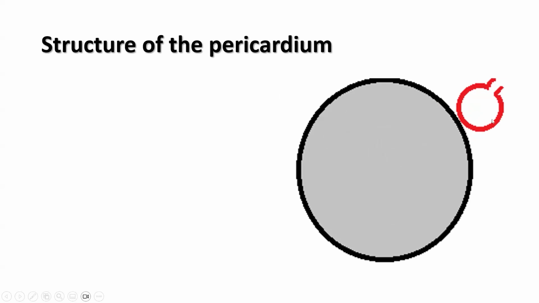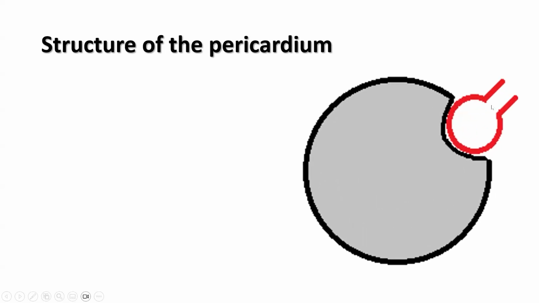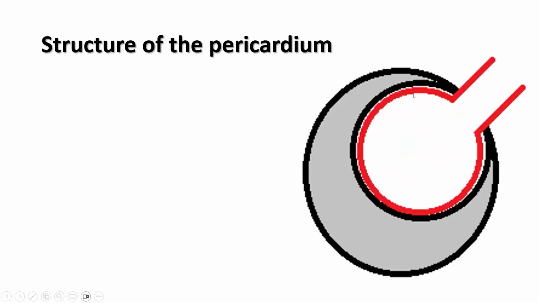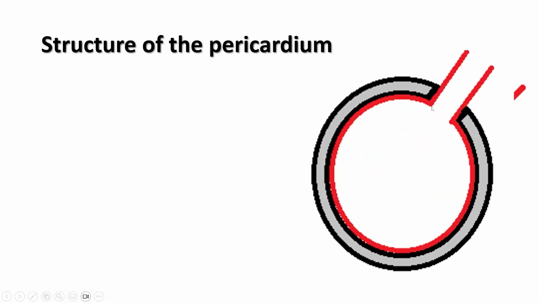And this is the developing heart with root of the great vessels. Now we can see the heart is invaginating into this serous pericardium or this serous membrane. Now it is more invaginated. Now we can see it is completely invaginated, the serous membrane.